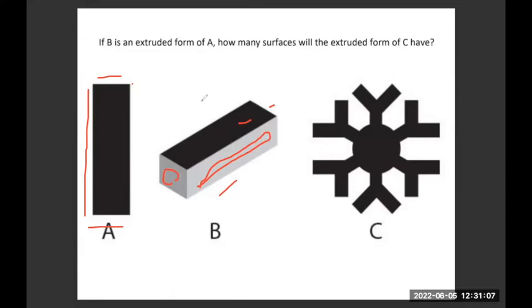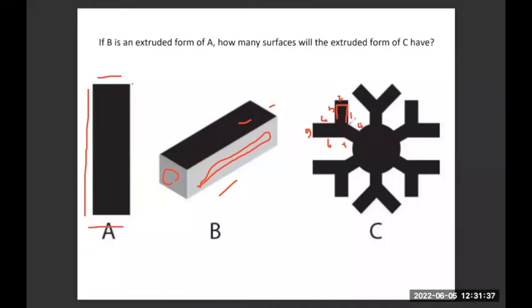So in this kind of question, all you have to do is, since a line becomes a surface, count the number of lines that are there in the shape that is given to you. So this snowflake kind of shape has 1, 2, 3, 4, 5, 6, 7, and 8.